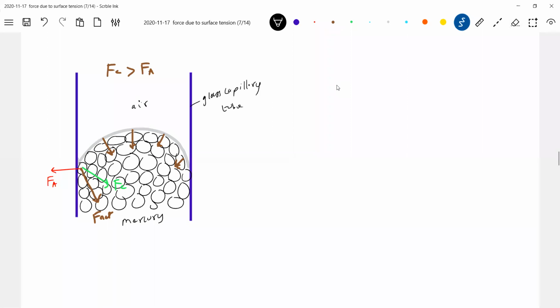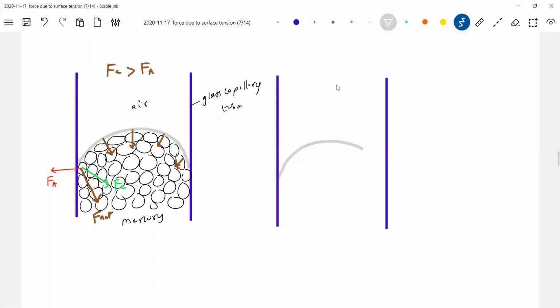Okay, fine. So now we'll show the angle of contact. This is the angle of contact. Now here we were showing forces, no?